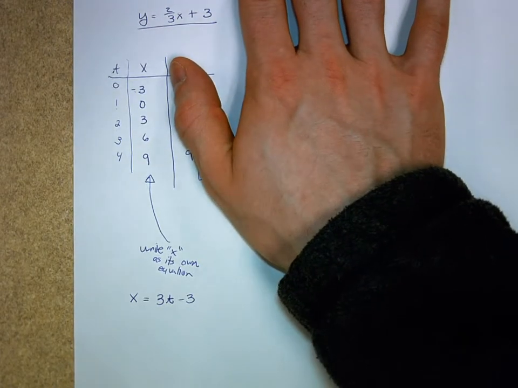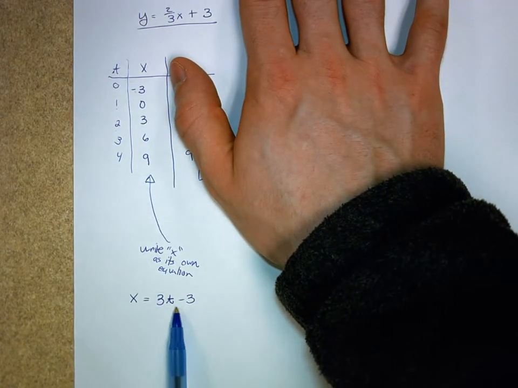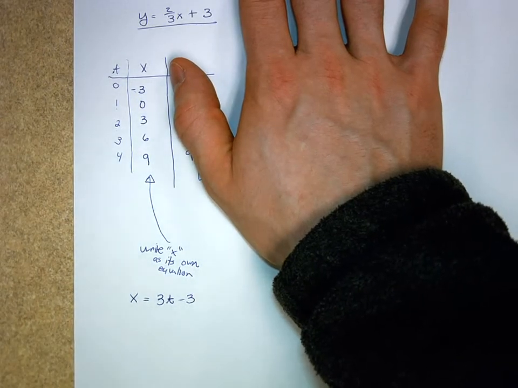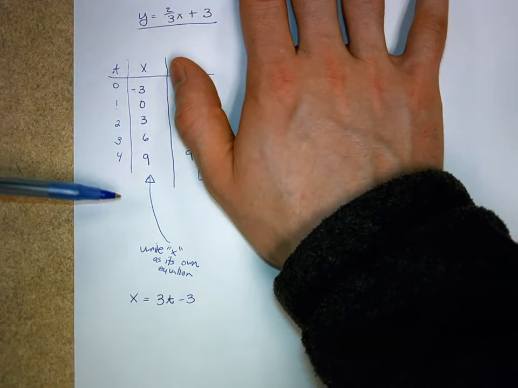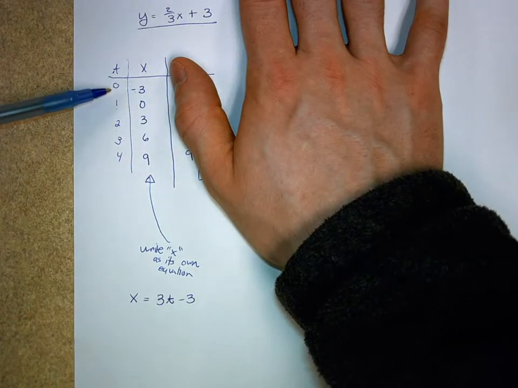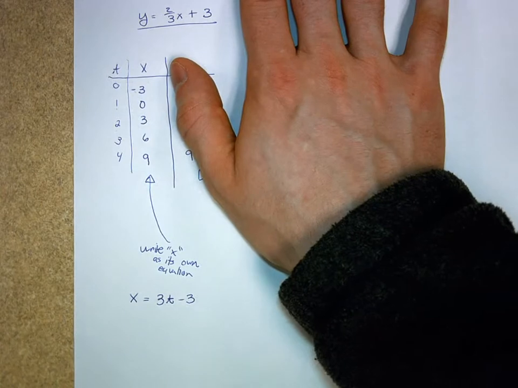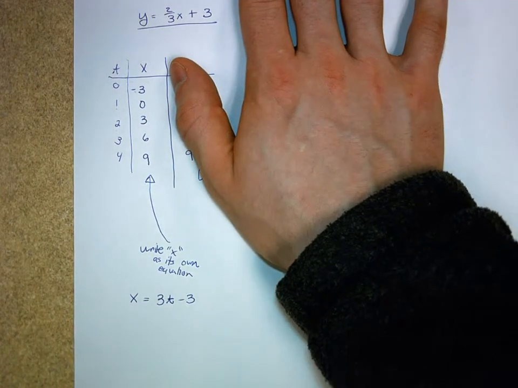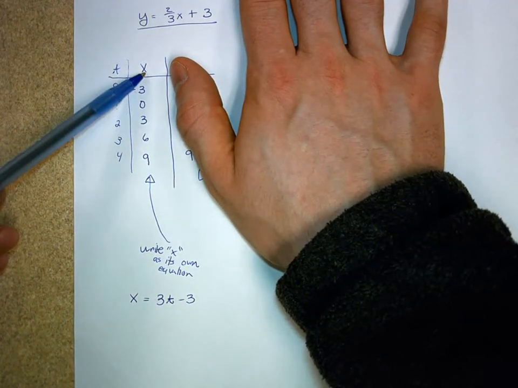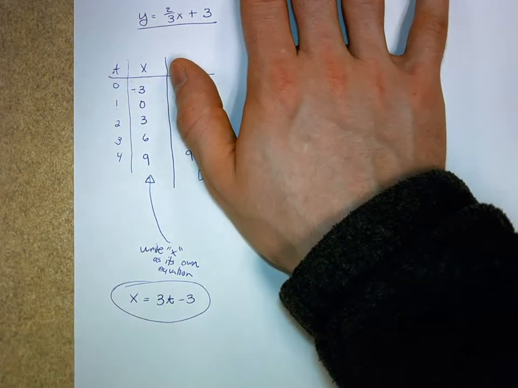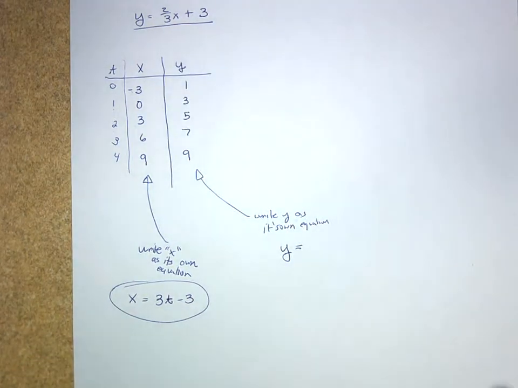If I just look at my t and x's, does x equals 3t minus 3 fit the pattern? And the answer is yes. And this t, I just knew ahead of time what I was aiming for, so that's why I chose 0, 1, 2, 3, 4. We'll look in this chapter at how you determine what those t values are going to be. But you can see here, I now have a t and an x chart to create one equation. So that's the first part of my parametric equation.